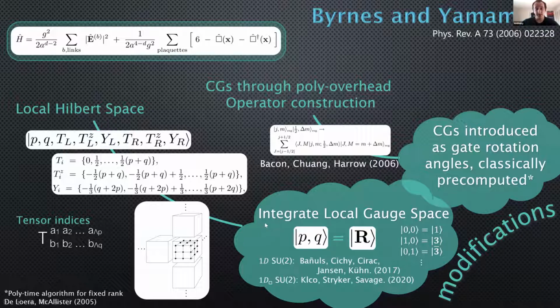If we partially solve at each site, since all the representations have to add up to a singlet, we don't actually need to track these 3 degrees of freedom because they are entirely fixed by the Gauss's law constraint. So for each link, we only need to track what P and Q are, or in other words, we just need to specify the representation. And that's all we have to do to map our basis to a quantum computer. This has previously been investigated for SU(2) by these people.